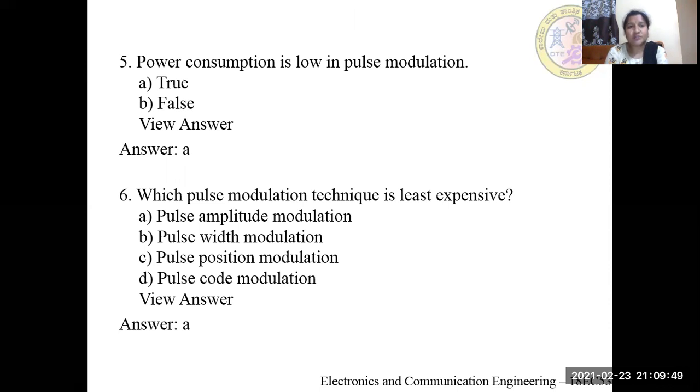Next, fifth question: power consumption is low in pulse modulation. Options: true or false. The answer is A, true. Sixth question: which pulse modulation technique is least expensive? Options: pulse position modulation, pulse width modulation, pulse amplitude modulation, pulse code modulation. The answer is A, pulse amplitude modulation.